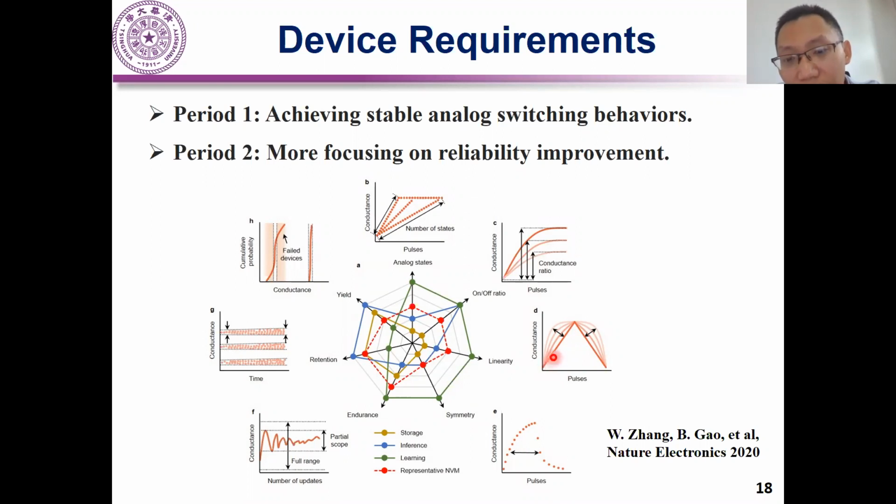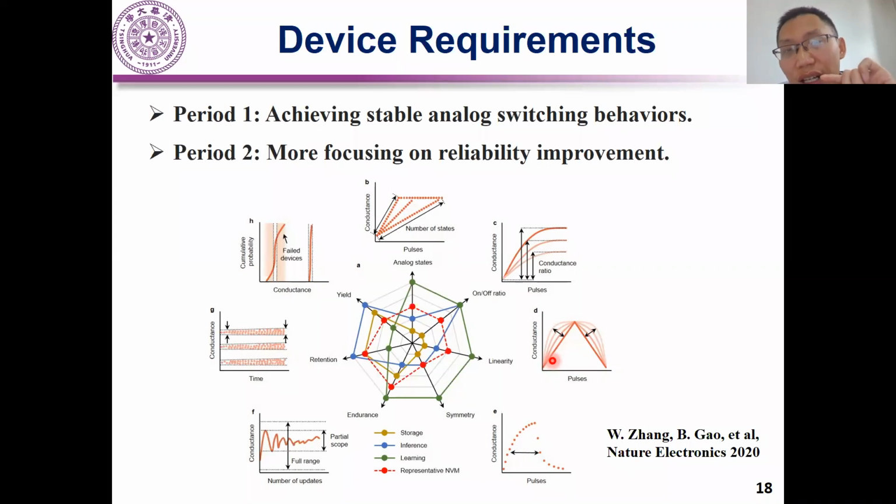If we apply positive pulse, the conductance will increase, and if we apply negative pulse, the conductance will decrease. We hope this change should be linear, because linear means with each pulse, the delta G, I mean the conductance change, is constant.